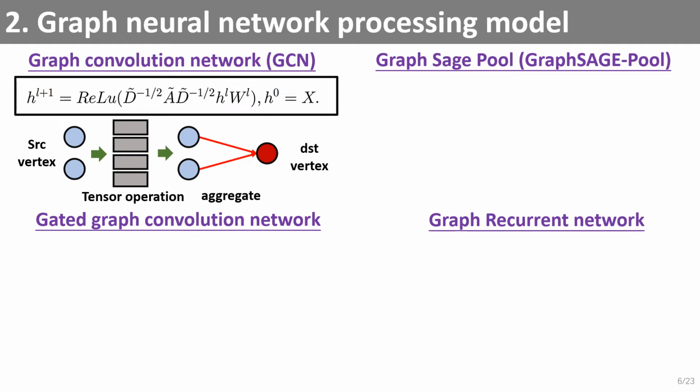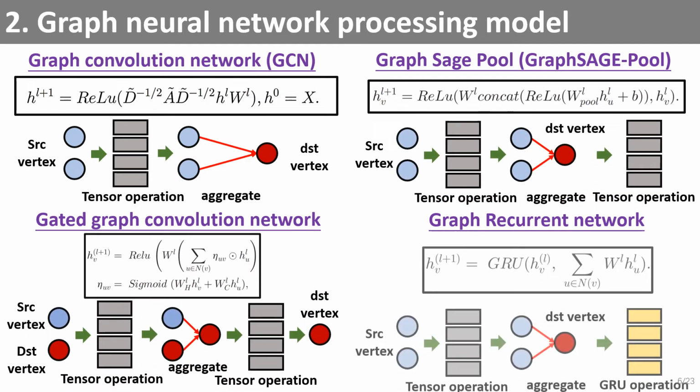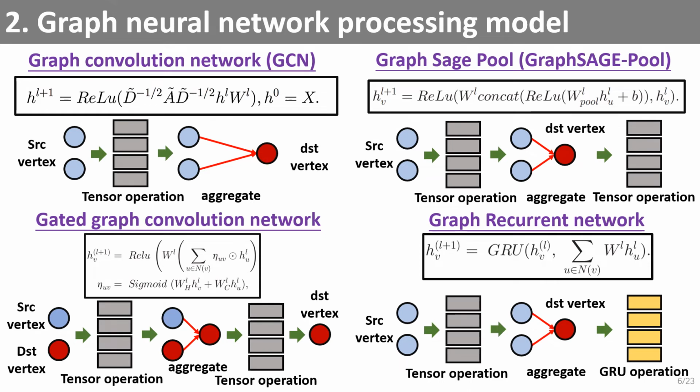To this end, we first investigate different graph neural network models and select 4 typical models: GNN, GraphCGPO, gated GNN, and GNN. First, for the GNN model, the feature vectors of the source vertices will first perform a tensor operation, and then perform the graph aggregation to the destination vertex.